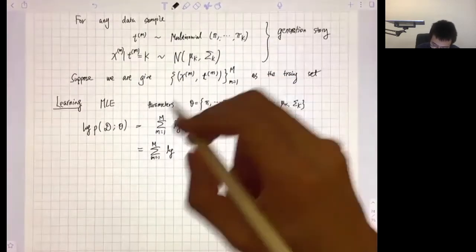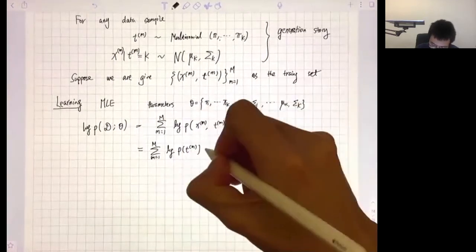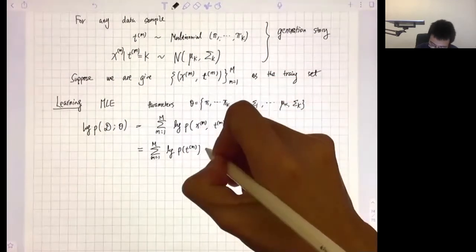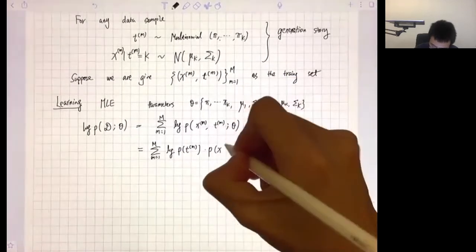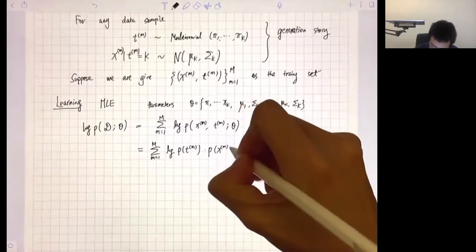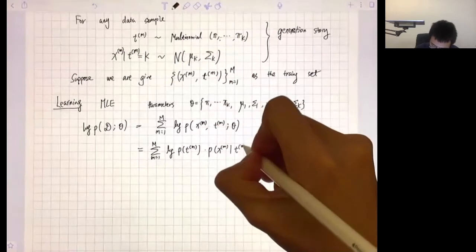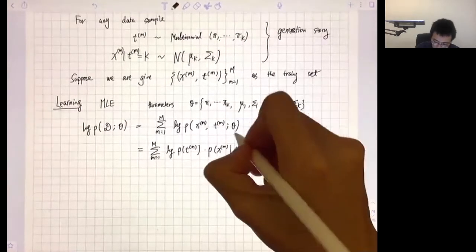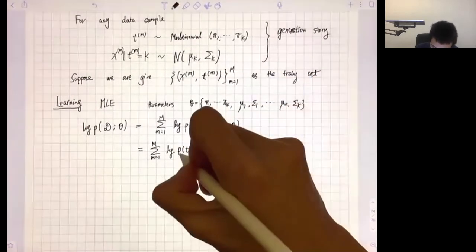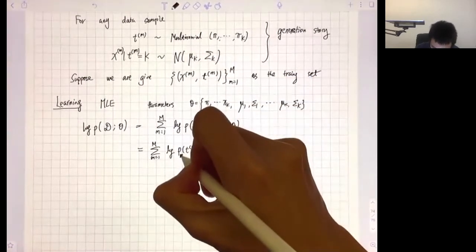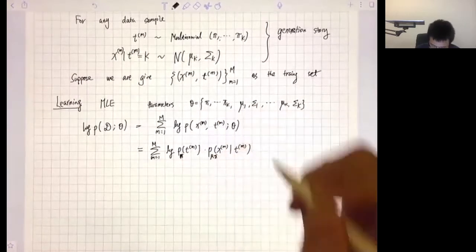Okay, and I know that this is P of t_m times P of x_m given t_m. And my parameters are omitted, but I can write it out. So I say the parameters here are the pi, and the parameters here are the mu and sigmas, but I have a set of mu and sigmas.